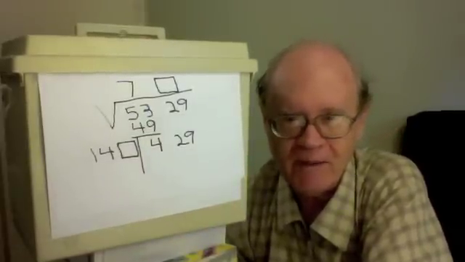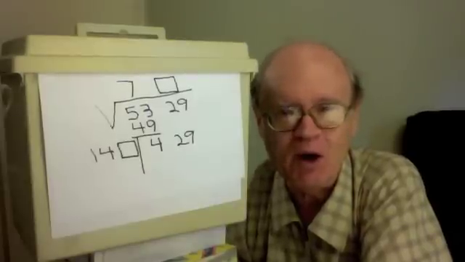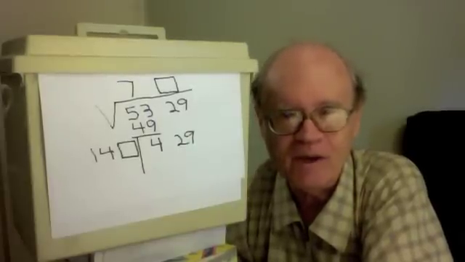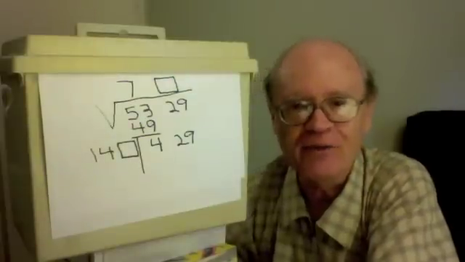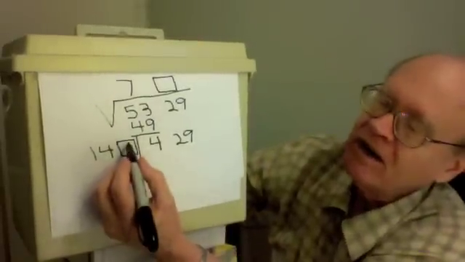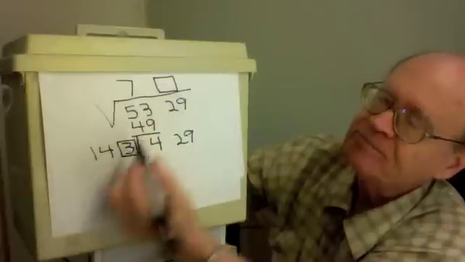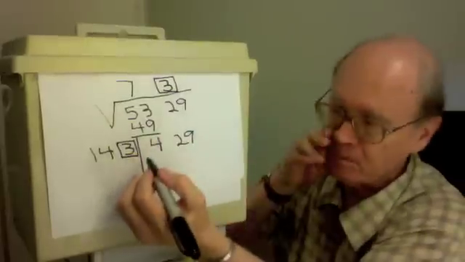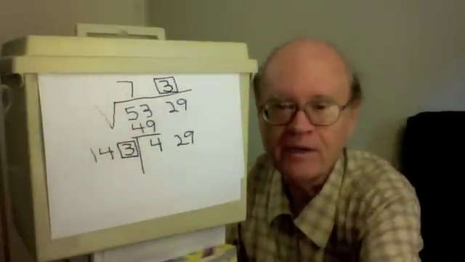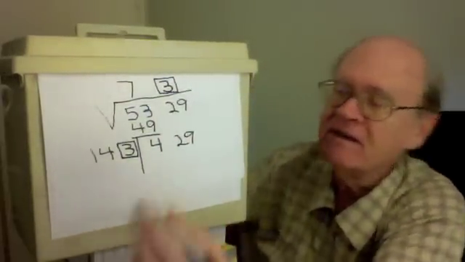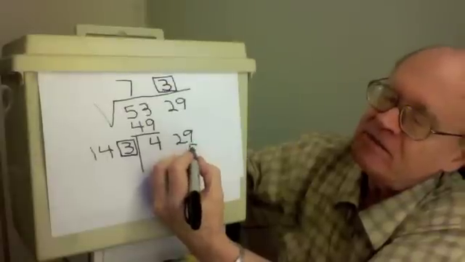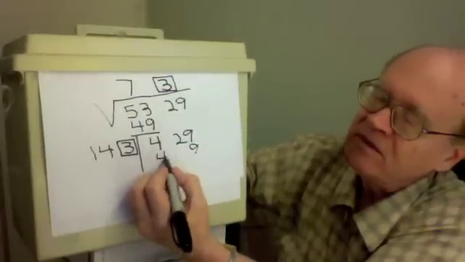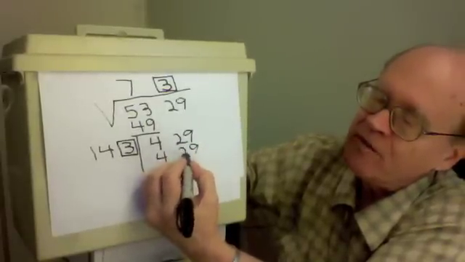Well, 141 times 1 is too small. 142 times 2 is probably too small also. 146 times 6 is way too large. 3 will work. I will put a 3 here, and the same number 3 here. 143 times 3 is 429.